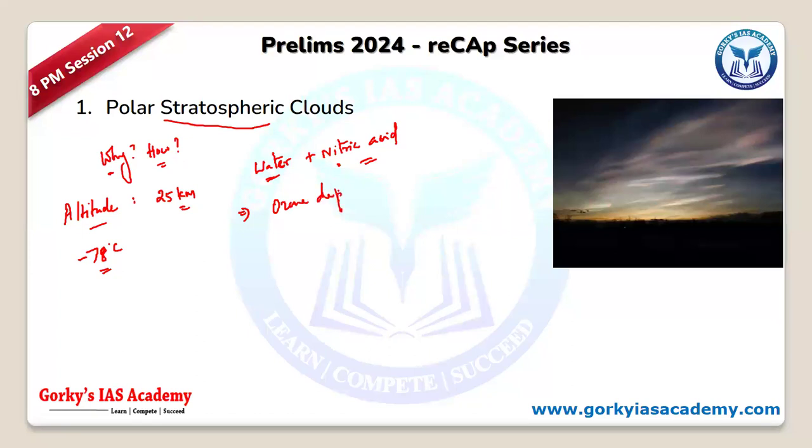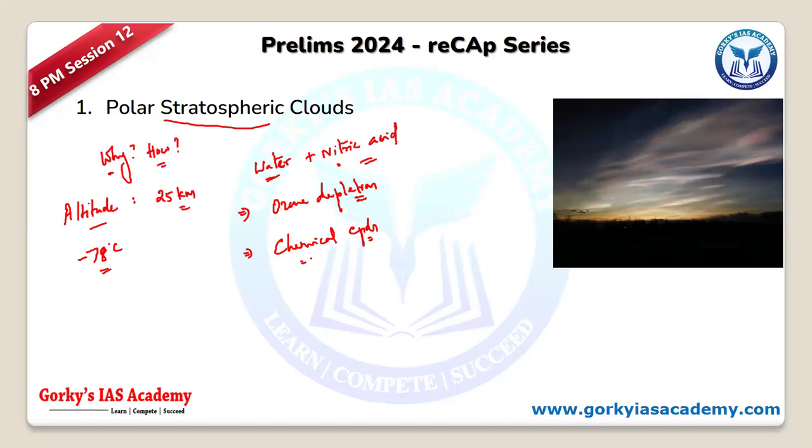Because it is going to happen in the stratosphere region, naturally ozone depletion will be there. So what is the reason for the ozone depletion? It is because of the chemical reaction. The chemical compounds which are found, especially nitric acid, or others like chlorine and bromine, all those are definitely going to cause ozone depletion.